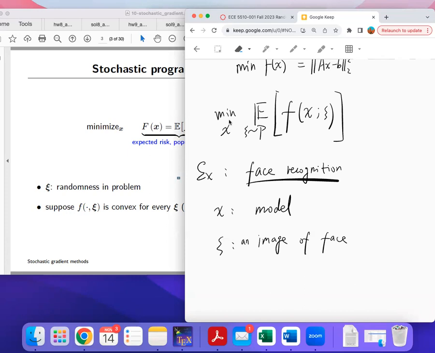So here, our target is to find an X, a model, that can minimize the expected loss over all possible face images. So here we take expectation, meaning that intuitively you want to feed all possible face images into this model and evaluate this average loss, right? And hopefully you find a model that can minimize this average loss over all possible faces.